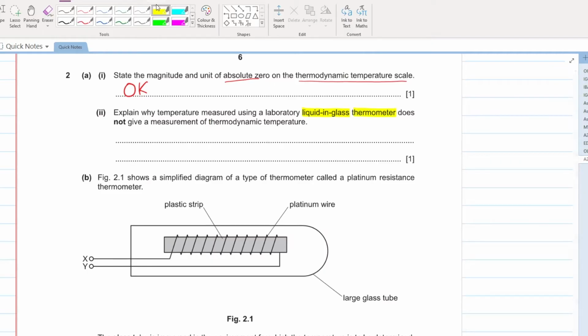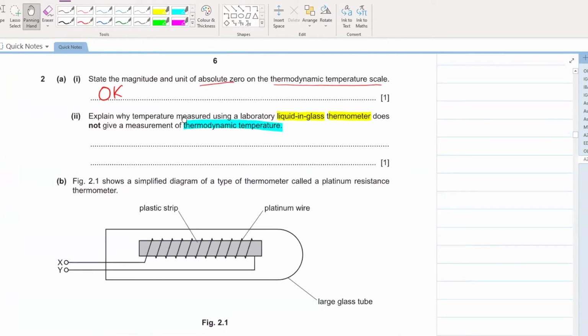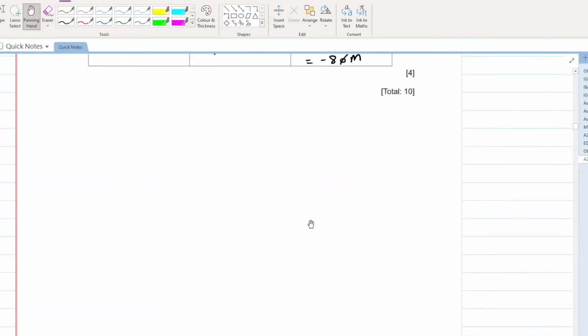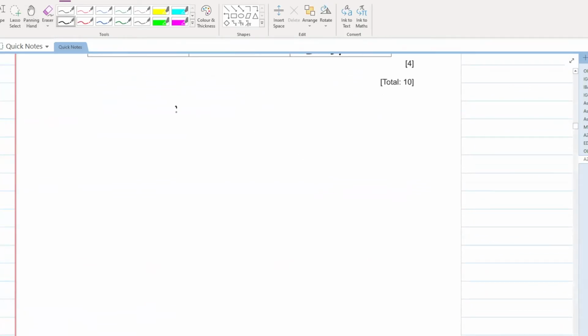Yes, beta, when we use a laboratory liquid and glass thermometer, why does it not give a measurement of the thermodynamic temperature? Always remember there's a small key point.